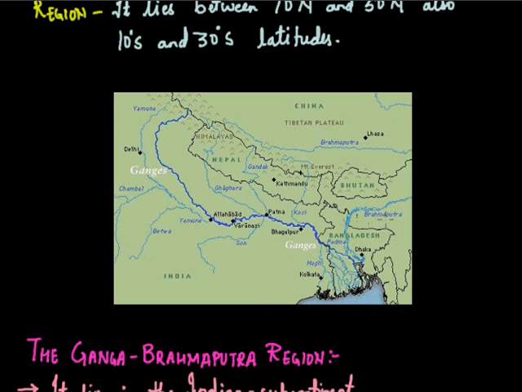But if we take the zone of Brahmaputra, we see that it is enclosed between a lot of mountain ranges. From the north, we see the Himalayas, towards the east we have the Purvanchal range, and towards the south we have the Garo Khasi Jaintia. So it is enclosed between these mountain ranges.